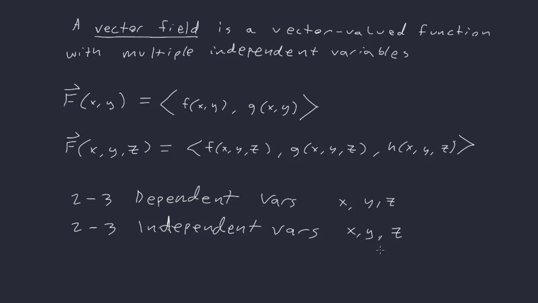And this is where notation becomes a really important construct, because what a vector field does is it takes a point x, y, z, and spits out a vector.